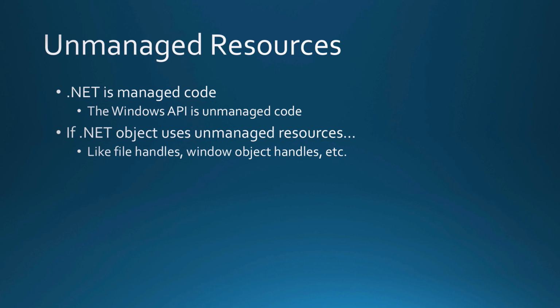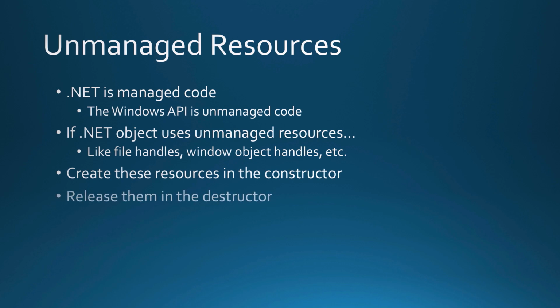Now, if your .NET object has to use unmanaged resources for some reason, maybe file handles or window object handles because you're doing something directly down with the Windows API, you can do that. That is fine. However, it is really recommended that you create these resources in the constructor and that you release them in the destructor. And of course, that could be either the dispose or the finalize. Highly recommend using the dispose.